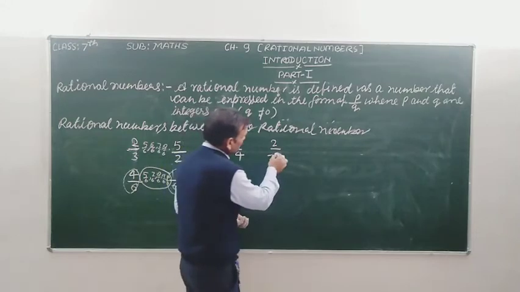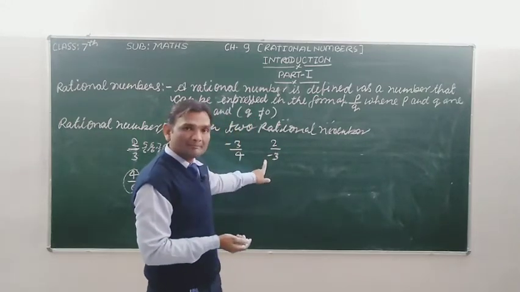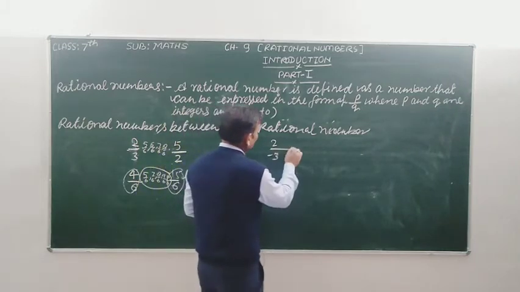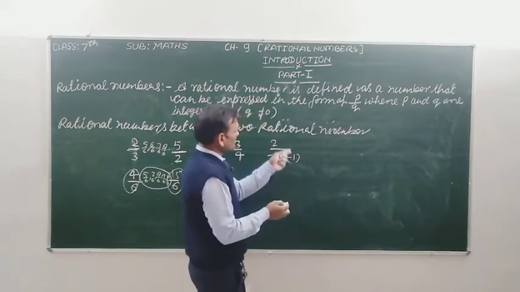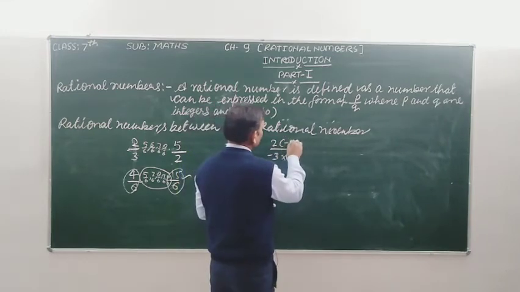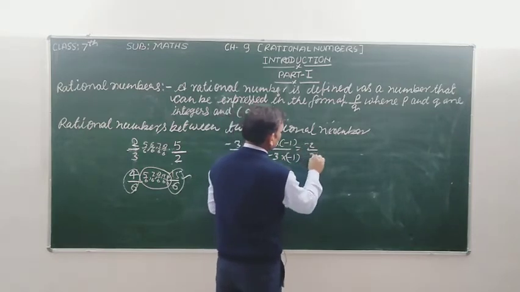So, student, for making this denominator positive, we have to multiply by minus 1 here. When you multiply by minus 1, you have to multiply the numerator also by minus 1. So you will get minus 2 and 3.